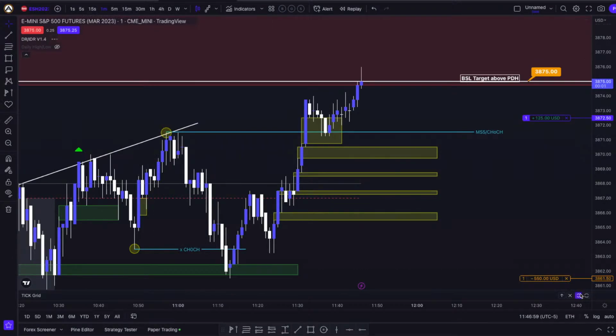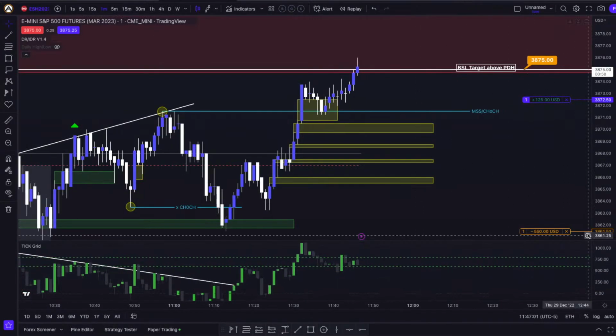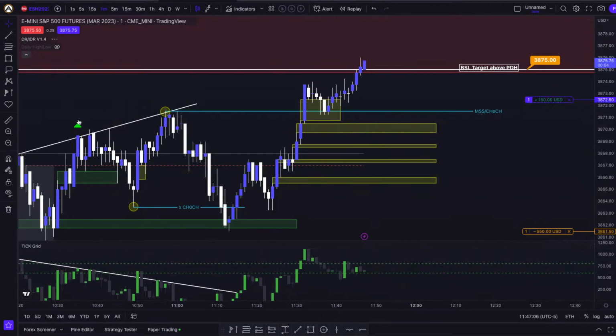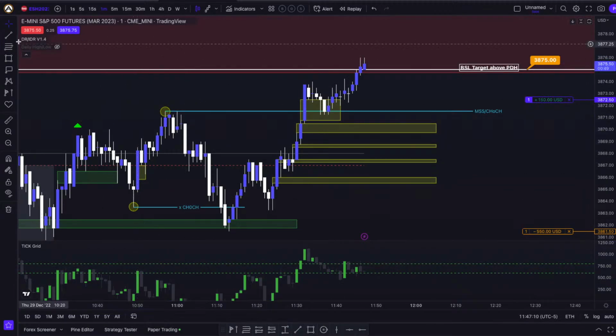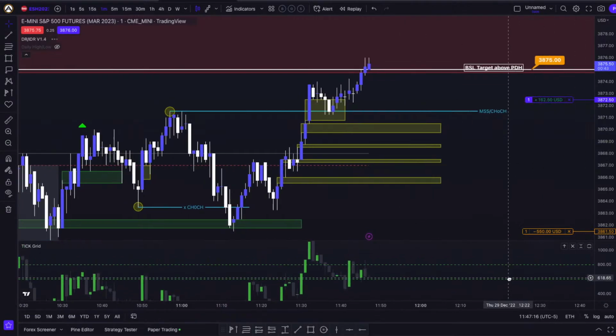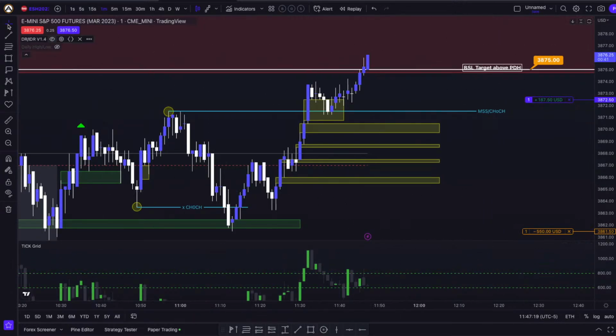Also with our tick grid divergence, we can now actually check our tick grid and see if everything's matching up. Oh, I hope everyone sees it as well. Give you a few more seconds to catch up on what's happening right now with the tick grid compared to the S&P 500. Compare the highs.